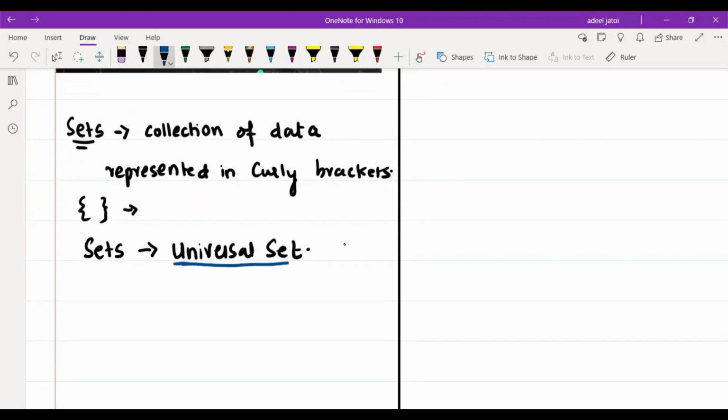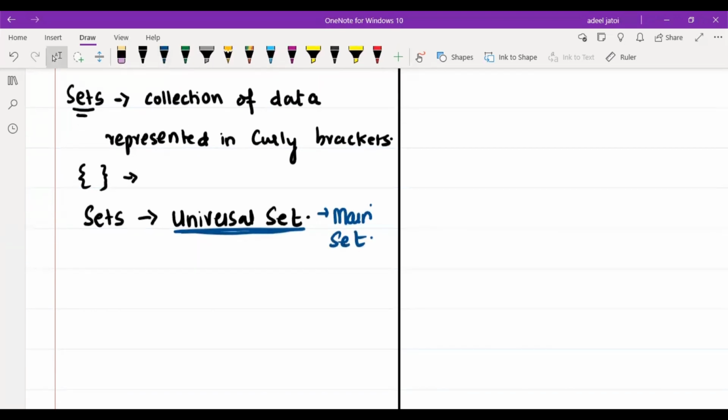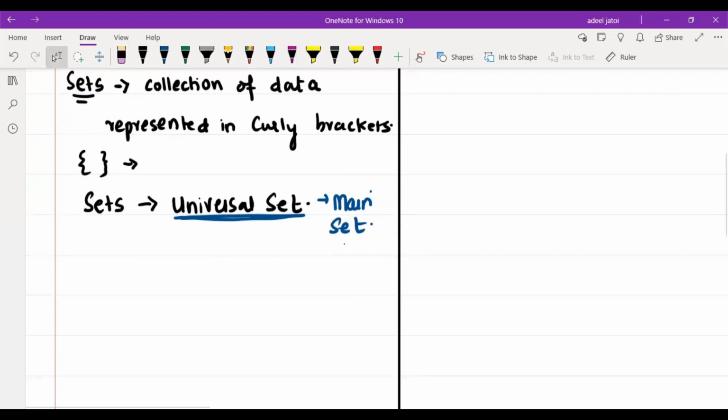The universal set is the main set, because all the sets which you will be taking out will be from this universal set.